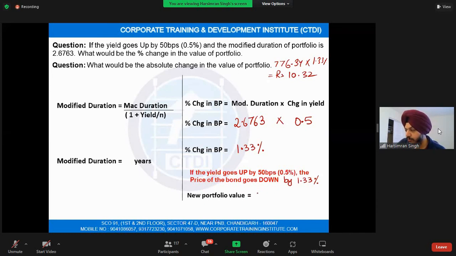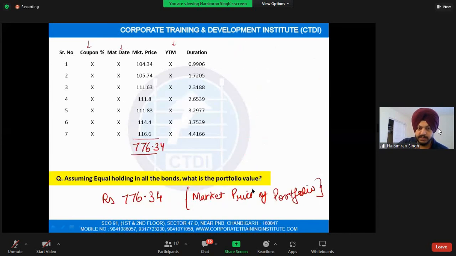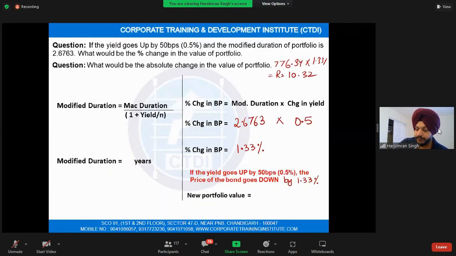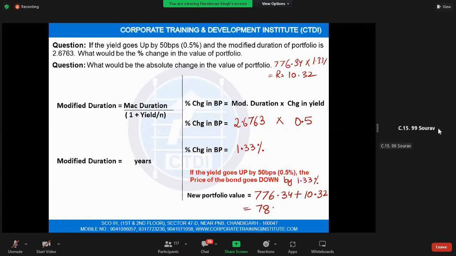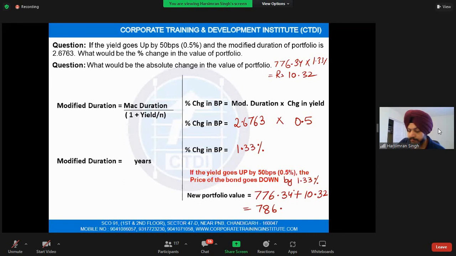So what was the old portfolio value? 776.34 plus 10.32. So what will be the new value? 786. नहीं सर, ये माइनस होगा ना, माइनस करना है ना. अच्छा हाँ सॉरी, goes down. एक मिनट, just let me erase it.